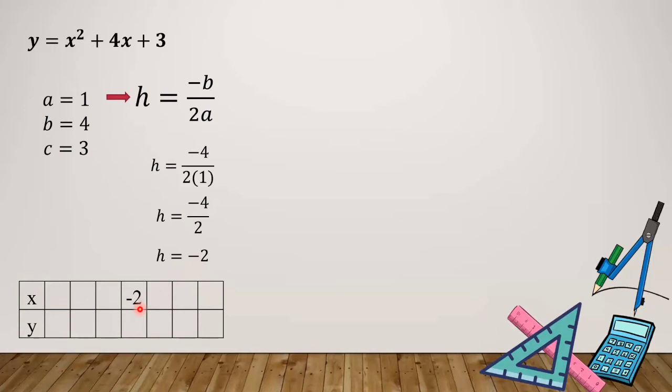Then we find the value of k. So what is the formula in getting the value of k, or the y coordinate of the vertex, based on the topic that I discussed from the previous lesson? So we use the formula k is equal to 4ac minus b squared over 4a.